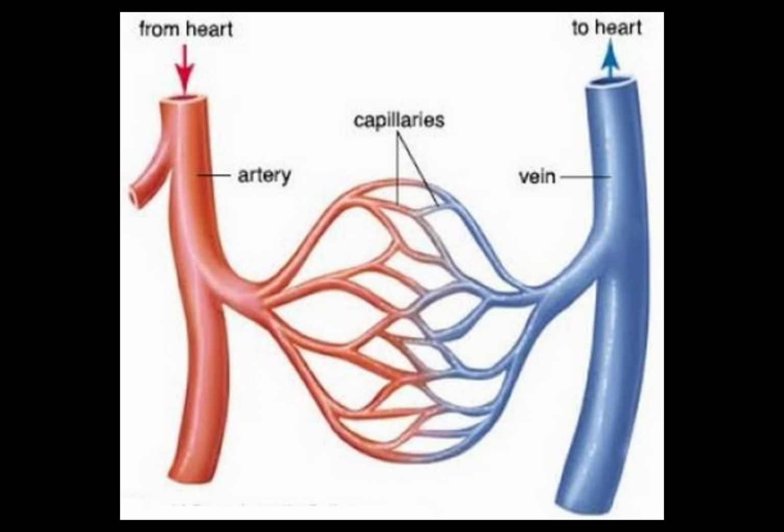After this capillary network, they form venules, then smaller veins, then the larger veins, and ultimately these larger veins go towards the heart and drain into the right atrium of the heart.